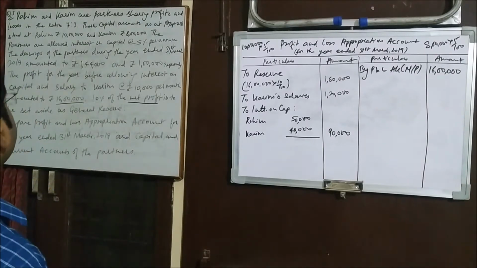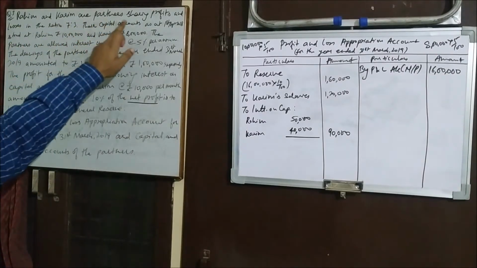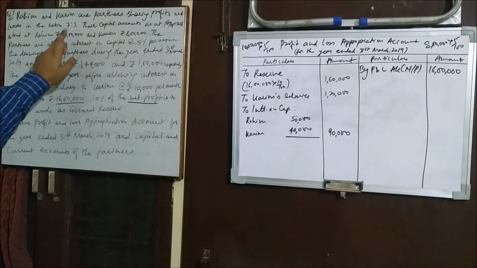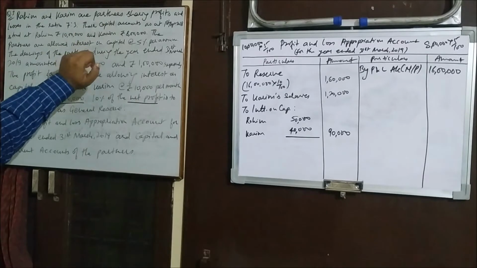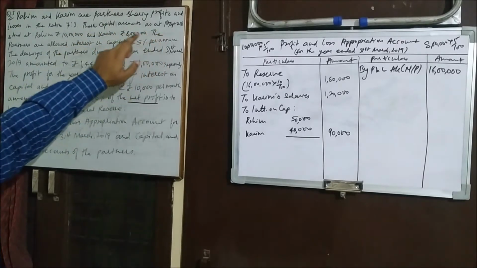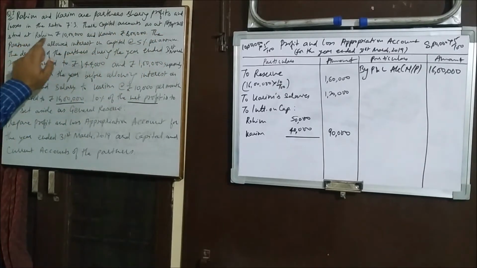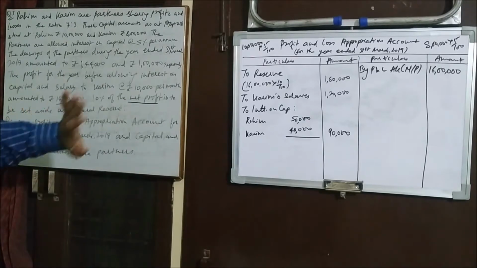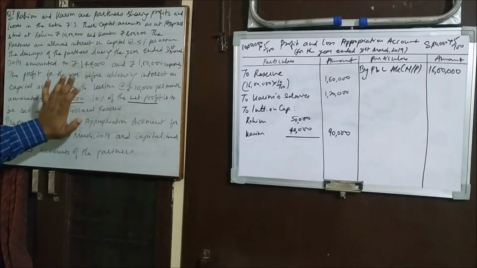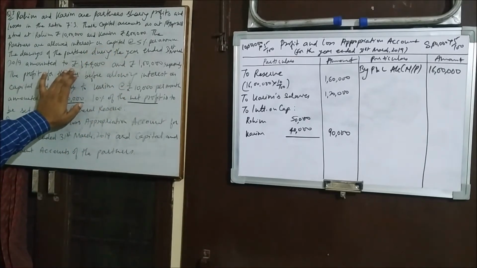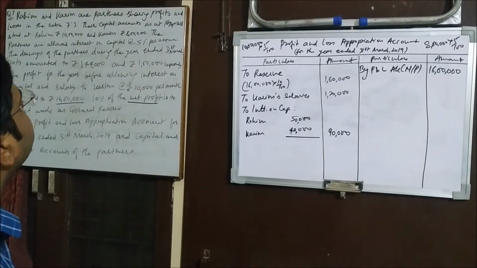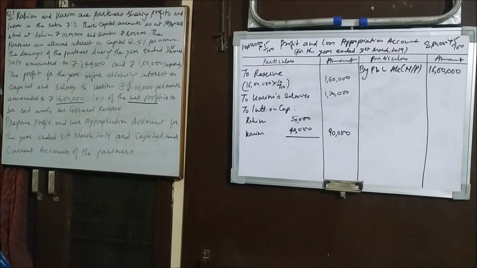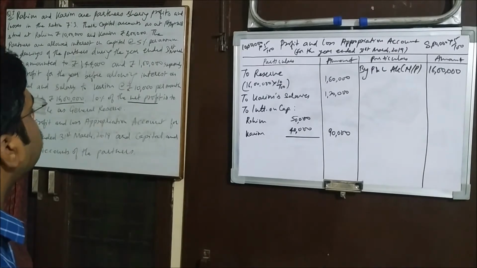We can reread the question. See, Rahim and Kareem are partners sharing profit and losses in the ratio 7:3. We'll distribute the profit and losses in the same ratio. The capital accounts as at 1st April 2018 stood this, that we have already done. Interest we have tackled. The drawings of the partners during the year ended 31st March 2019 amounted to rupees 1,44,000 and 1 lakh rupees respectively.